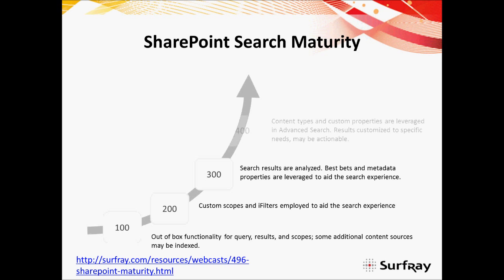level 300. As you get to past level 300, we're jumping here to level 400, you'll start to notice that people are applying custom content types and custom properties in the advanced search page. Now we're talking about customized search refiners, custom fields on the advanced search page.